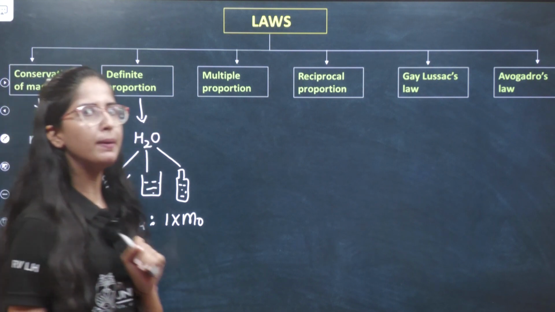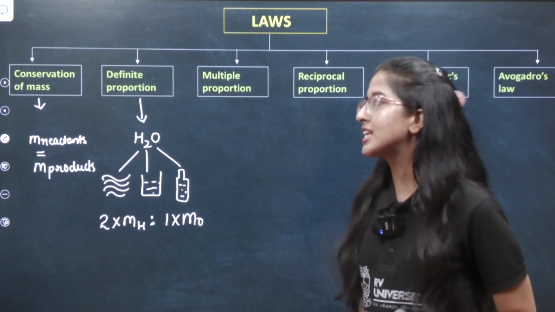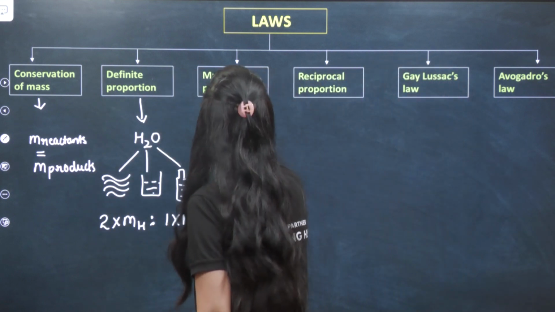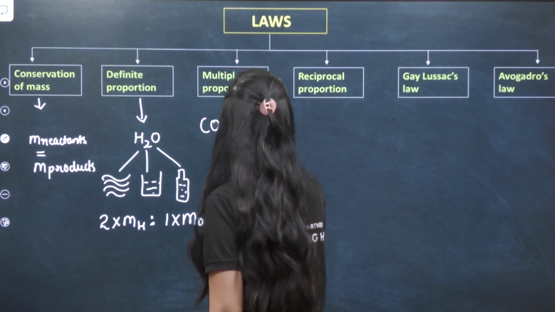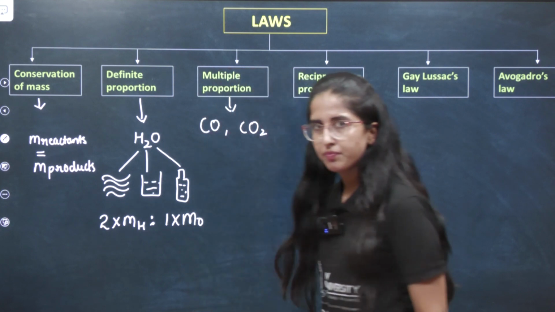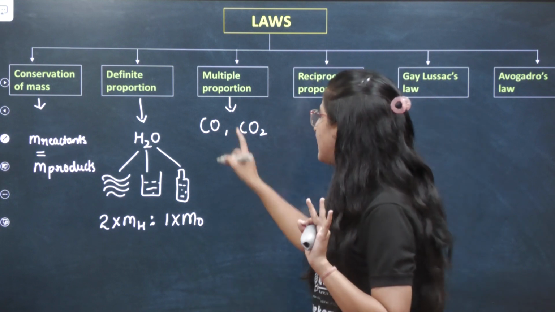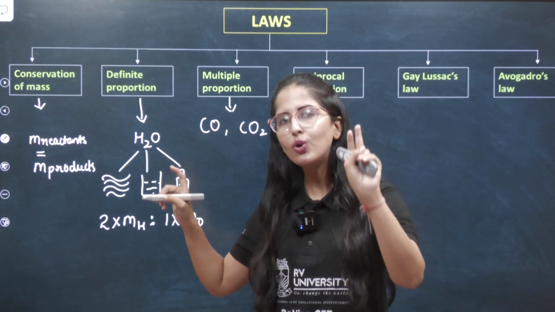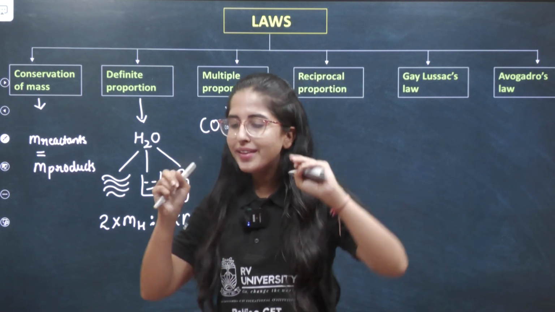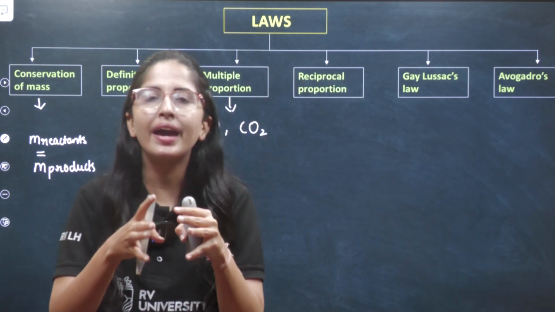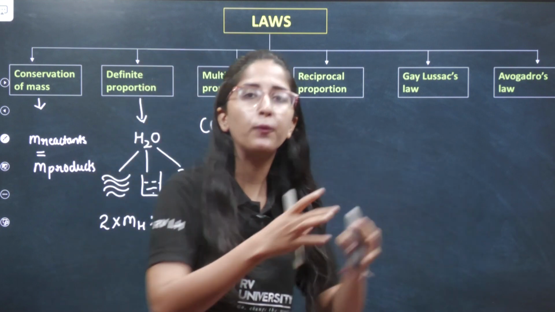Next is multiple proportion. Now see, I have taken here carbon monoxide and carbon dioxide. Clearly, you can find only 2 elements, that is carbon and oxygen, but with different ratios they are combining to give a different compound, correct?